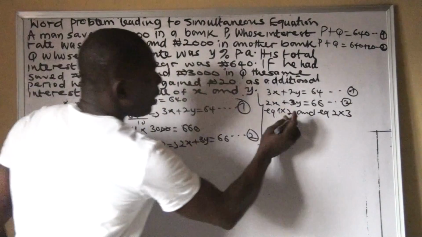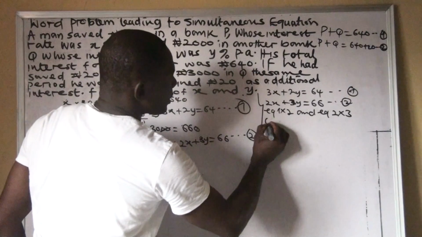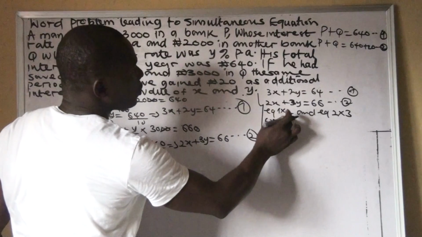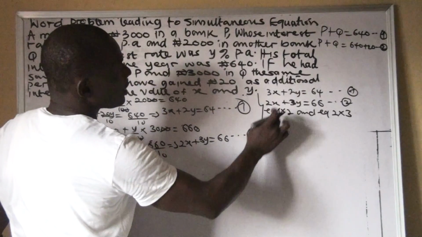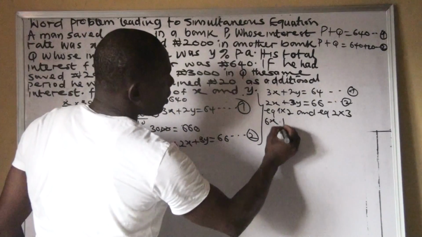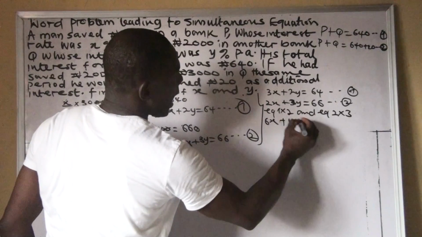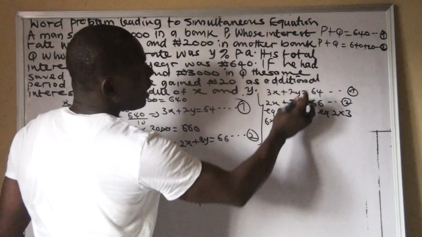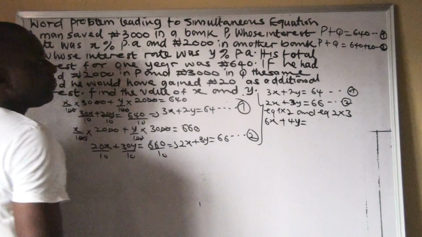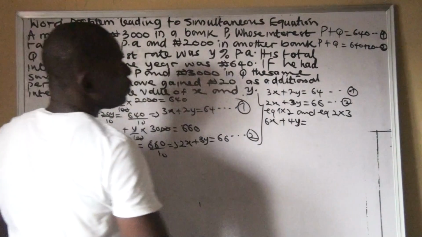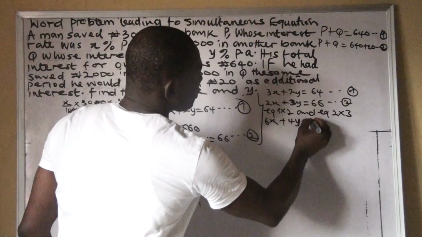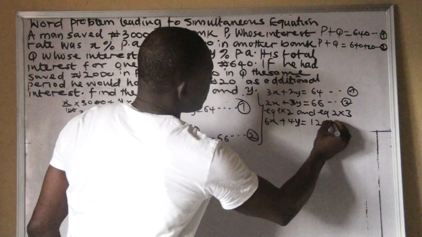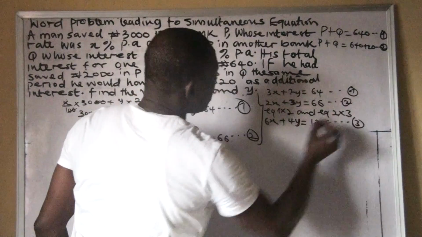Okay, here we have 6x. 2 times 3x is 6x. 2 times 2y gives us plus 4y is equal to 64 times 2, that will give us 128. This becomes equation 3.